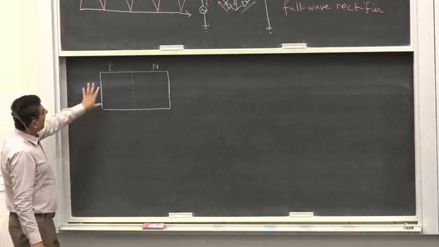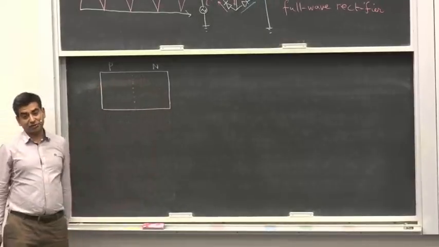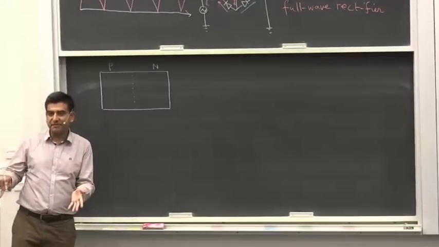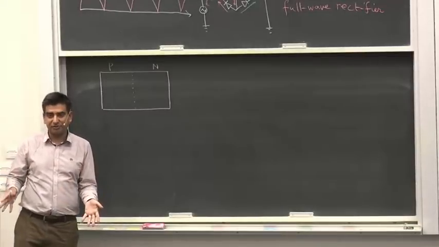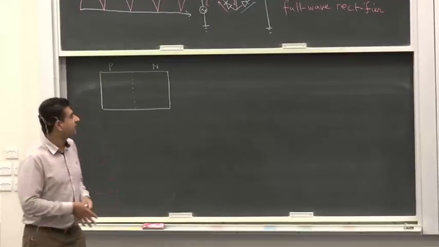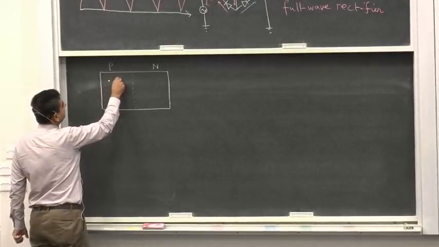Now, a p-type material is electrically neutral, and an n-type material is also electrically neutral. But there are different kinds of charge carriers inside these materials. The p-type material has charge carriers which are mobile holes.